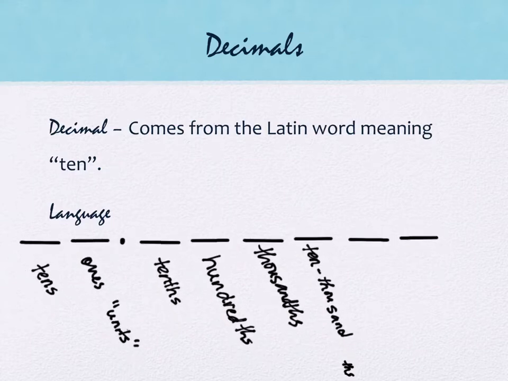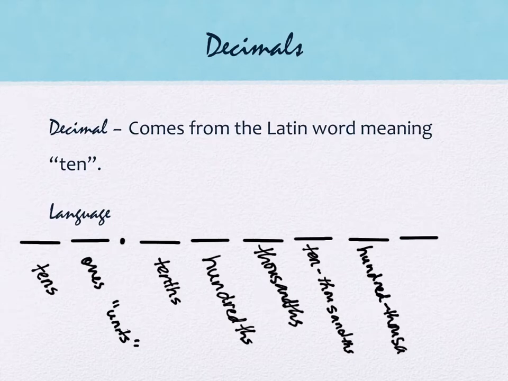I guess I lost part of my word. Let's shift that too. Okay, yep, 100 thousandths, you're right. Do you know what the next one is? Yeah, you're right, it's millionths.